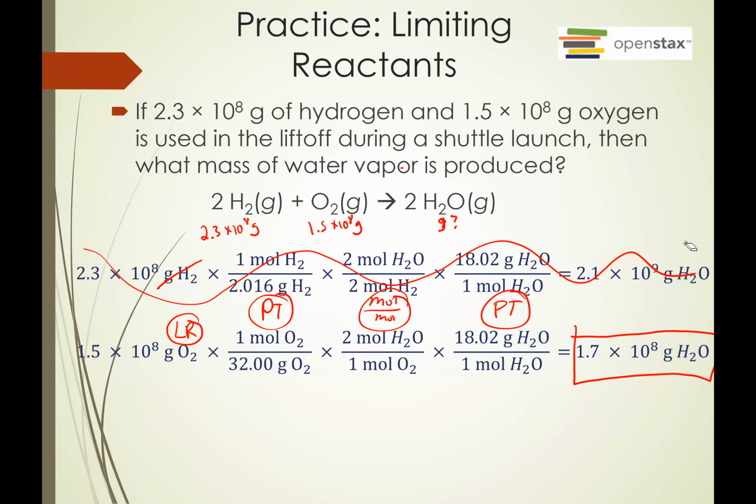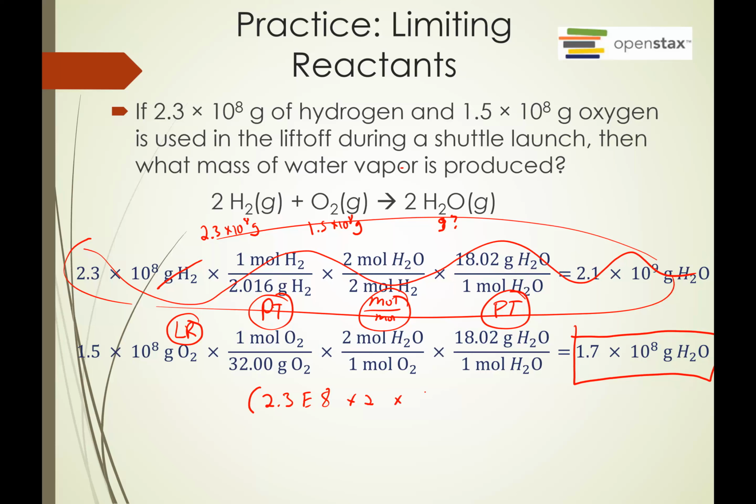So if we look at this one up here on the top. In your calculator, again, depending on which calculator you have, yours likes entire top divided by entire bottom. So on your calculator, parentheses 2.3 times 10 to the 8th times 2 times 18.02 parentheses divided by 32.